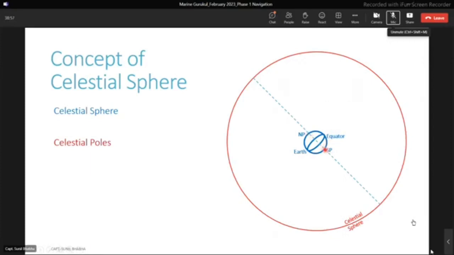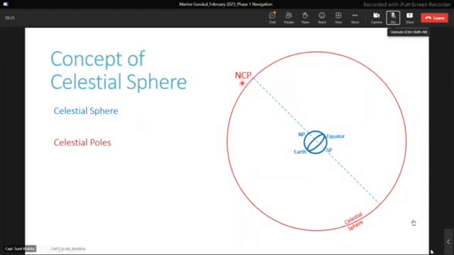Now, if you extend this axis of the Earth, or project it up to the celestial sphere, you see the axis meets the celestial sphere at this particular place. This is known as the North Celestial Pole, represented by NCP.